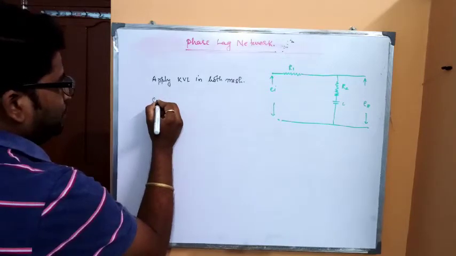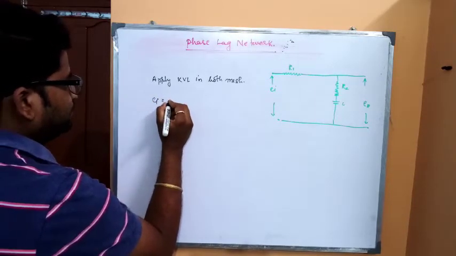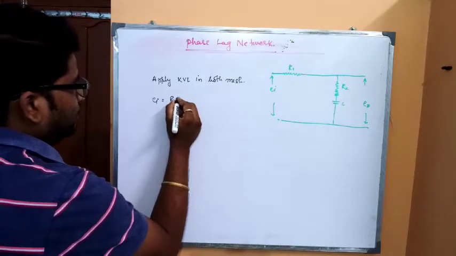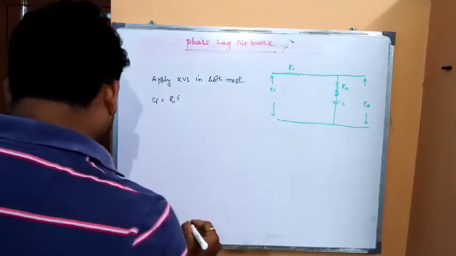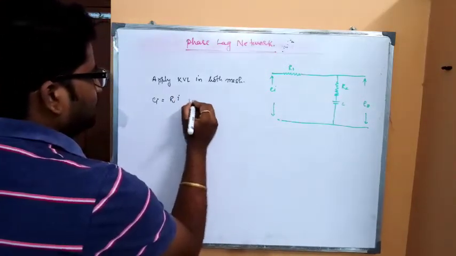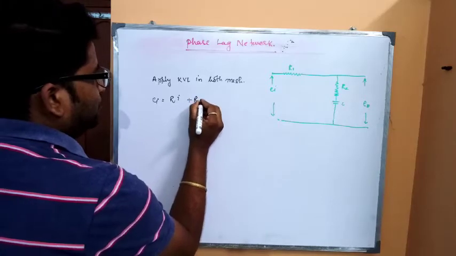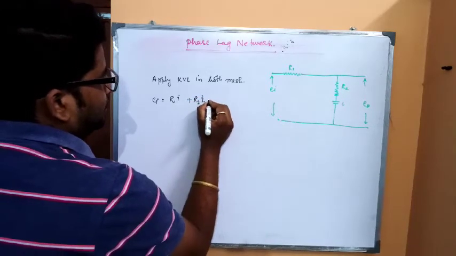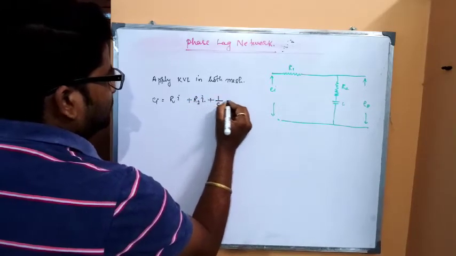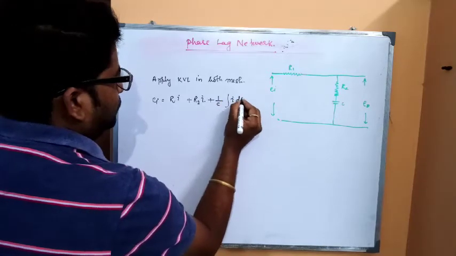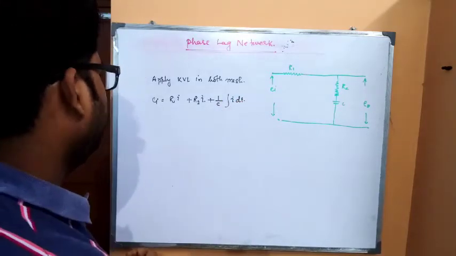So E of i is equal to R1 into i plus R2 into i plus 1 by C integration of i dt.